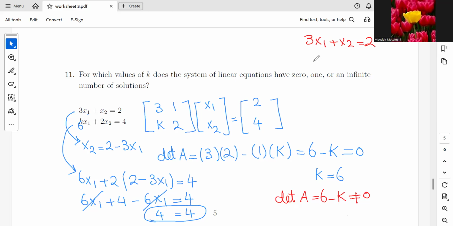And for the second one, we have x sub 1 plus 2x sub 2 equals 4. Any number but not 6. So I picked 1. Now I'm going to solve this as an example. From the first one, I can write x sub 2 equals 2 minus 3x sub 1.